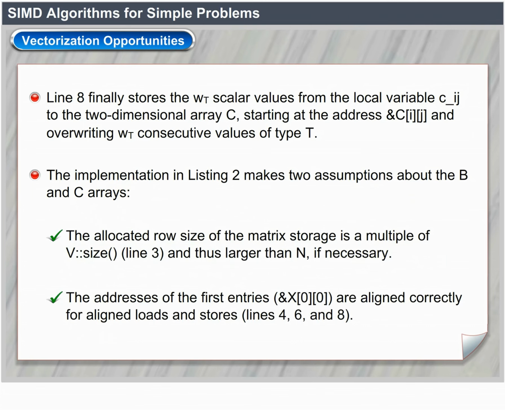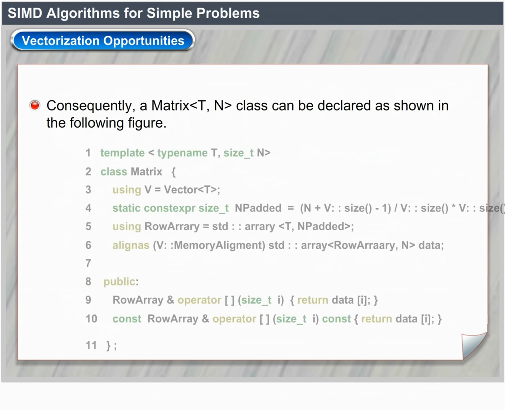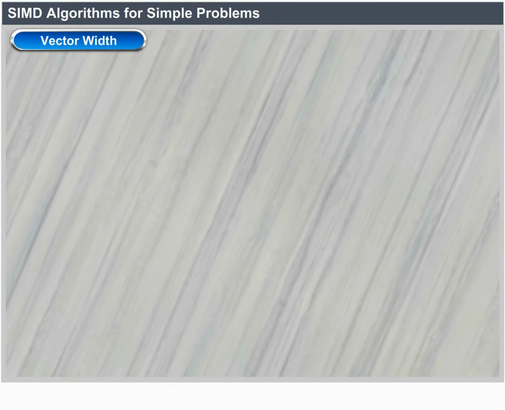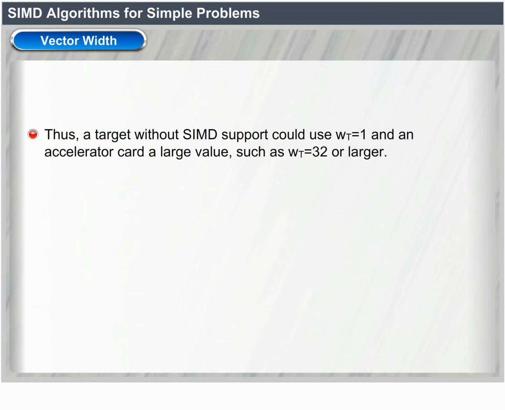Consequently, a Matrix<T, n> class can be declared as shown in the following figure. WT is the vector width. Thus, a target without SIMD support would use WT equals 1 and an accelerator card, a large value such as WT equals 32 or larger.